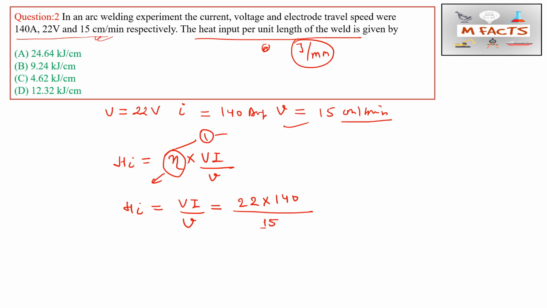I have already told you that whenever the velocity is given, we will take it as centimeter per second, or length per second. Whether it is given in minutes or hours, it doesn't matter; we will take it every time in seconds. For changing it to seconds, we will divide this value by 60. So from here we can calculate this HI value.